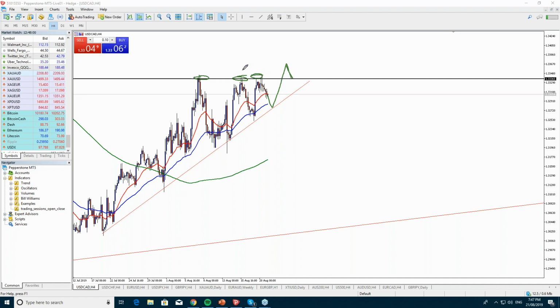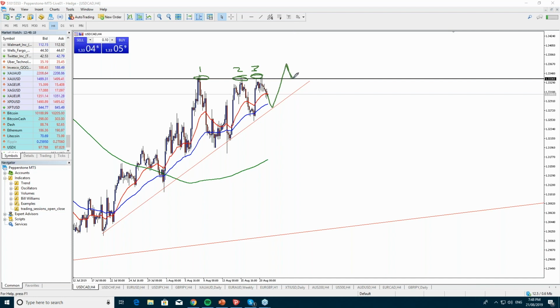When this strong resistance is broken, because it's 1, 2, 3 touches, that generally means that the market has really thought about this area and it's ready to move on. It thinks that this is no longer an expensive price, but maybe easily a fair price, and it moves to its next area.